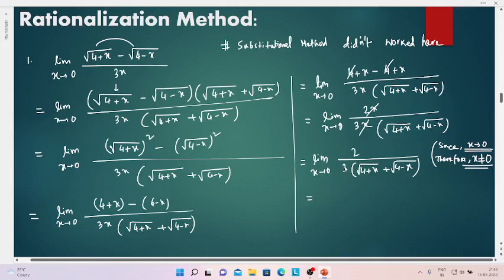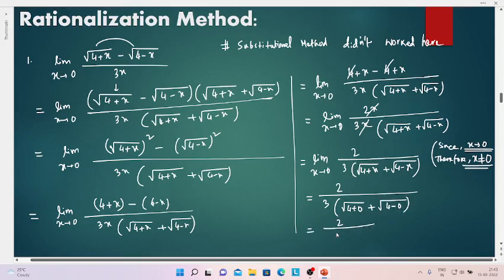So now you have to check whether the substitution method works or not, right? If we put the value of x as 0, it will become 2 upon 3 times root under 4 plus 0 plus root under 4 minus 0, right?